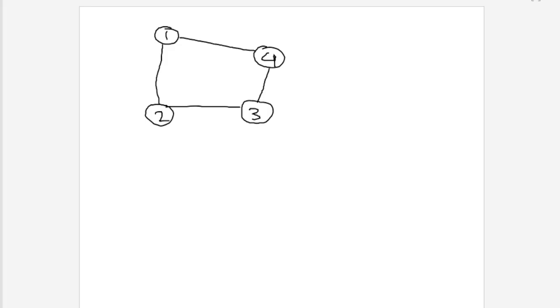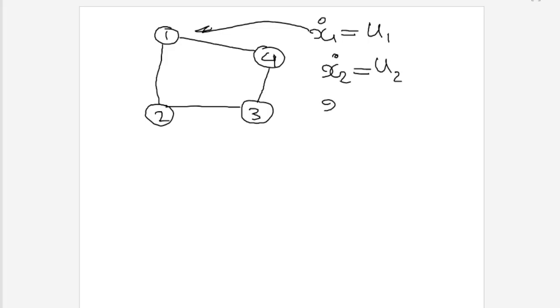For example, x1 dot equal to u1, this is the dynamic of the first agent. x2 dot equal to u2, x3 dot equal to u3, x4 dot equal to u4. Consider this multi-agent system, a combination of the graph and dynamics.